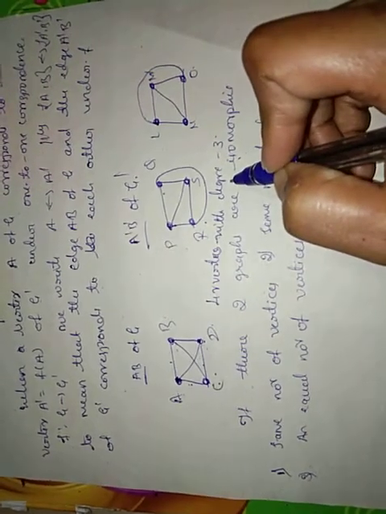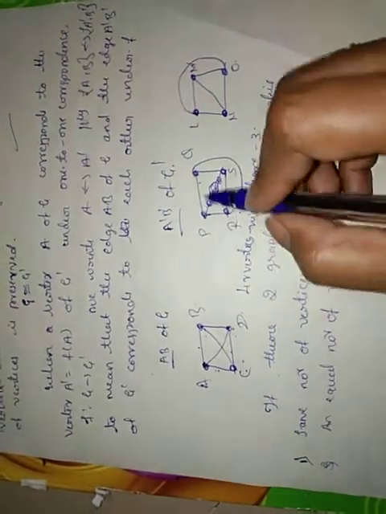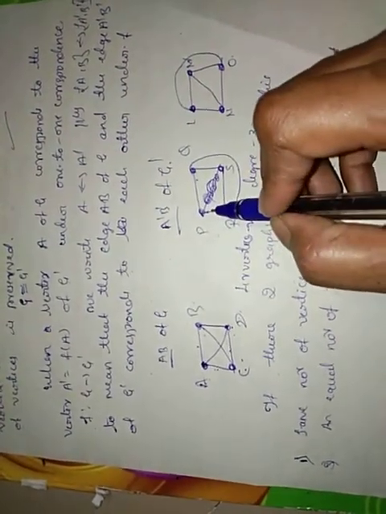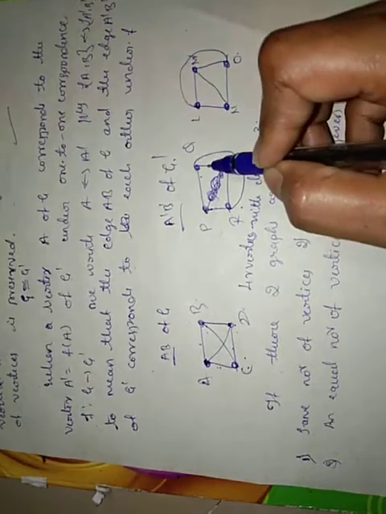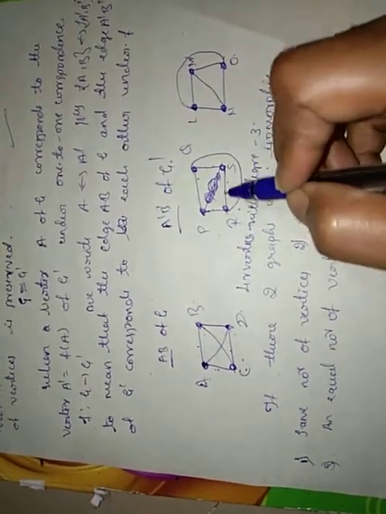If one edge is missing like this, suppose there is no PS, then P has degree 2, Q has degree 3, S has degree 2, R has degree 3. Means here only 2 vertices with degree 3.